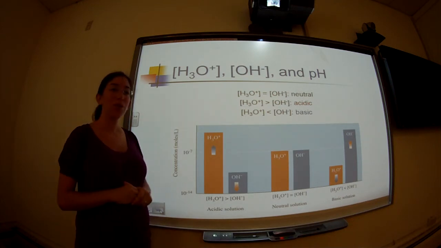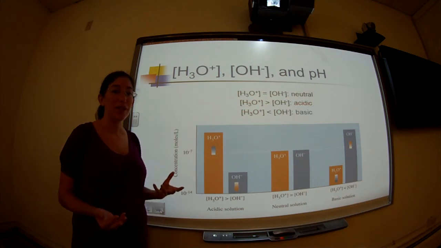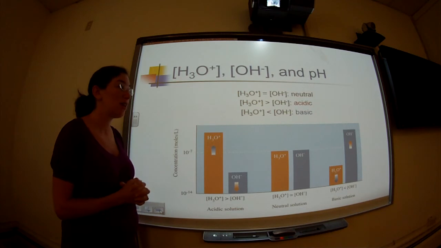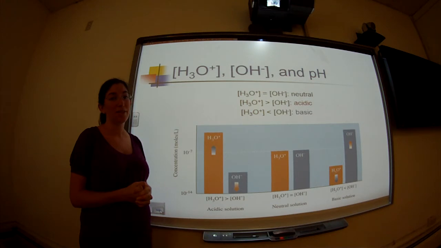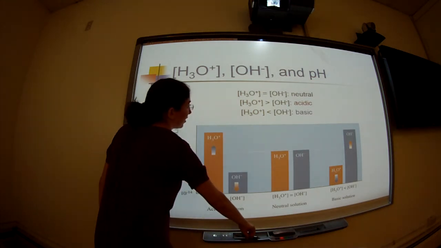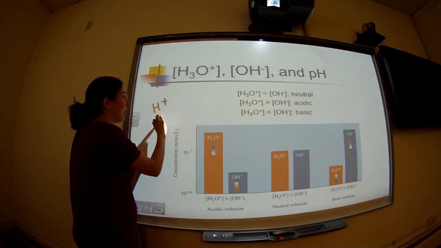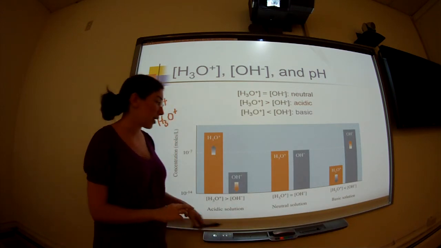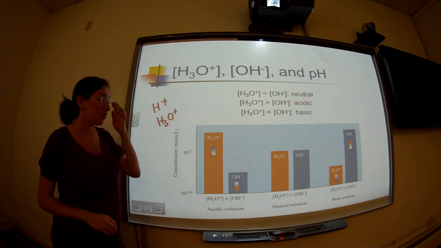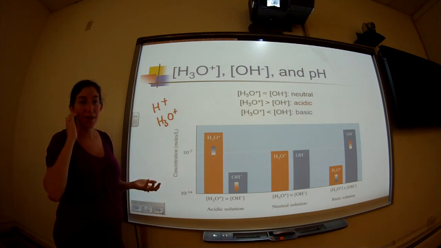So when it comes to talking about acidity and basicity of an aqueous solution, we're really talking about how many hydrogen ions, or protons, or hydronium ions. Those are all synonyms, okay? Proton, hydrogen ion, hydronium ion, they all mean the same thing. So what we're measuring with a pH meter or a pH indicator is how much hydronium ion is in a solution.